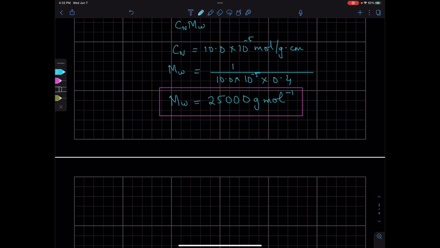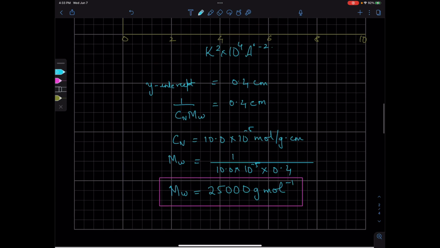Now for the slope, 1 over Cn Mw times Rg squared over 3.